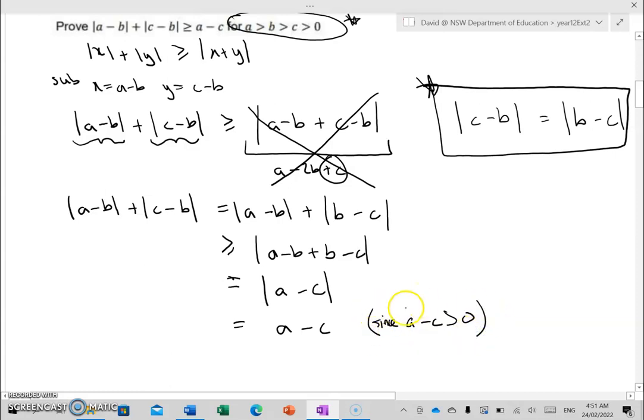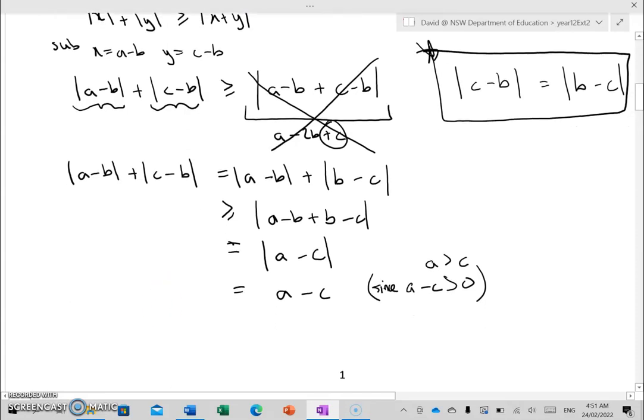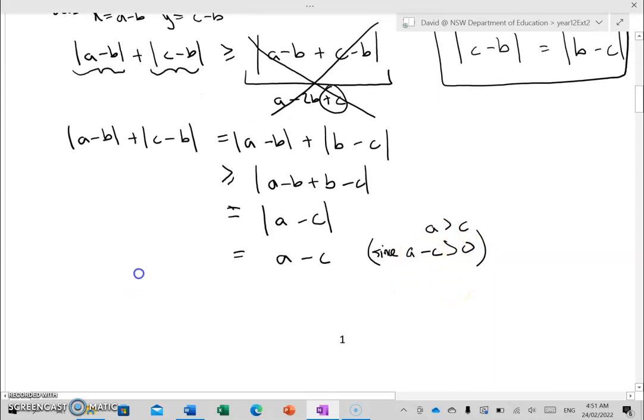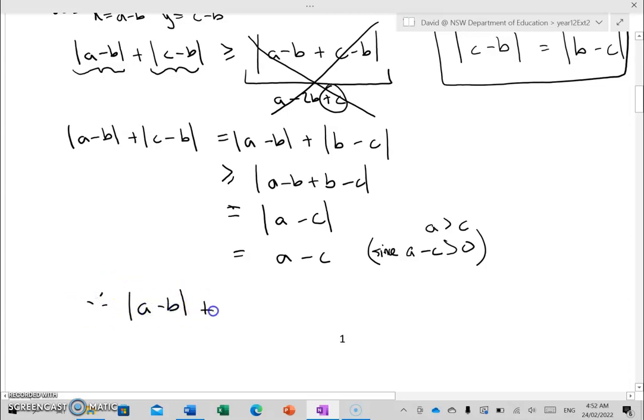You can write a greater than c, or a minus c greater than 0. So either would be acceptable. You don't need to write both. You can write either one, and the examiner will understand that you know what's going on. So therefore, we've got absolute of a minus b plus absolute of c minus b is greater than or equal to a minus c as required.